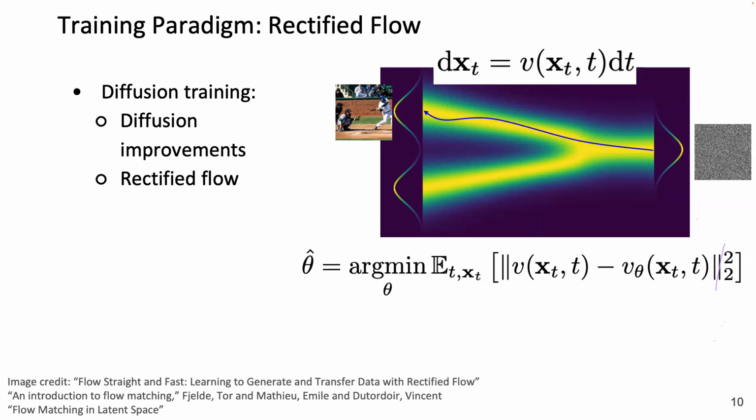One simple but effective way of defining this v is a constant speed and a straight flow between the noise and the image distribution. That is, vt equals x1 minus x0 here. And we have all the pieces we need, and then we can have multiple training samples, that is our xt. With each training sample, we can mimic all the intermediate steps of how it flows from noise to image and use such a signal to actually train a flow matching model.